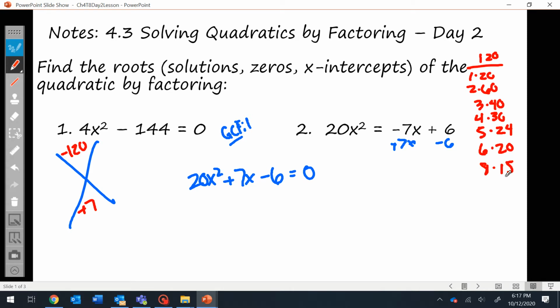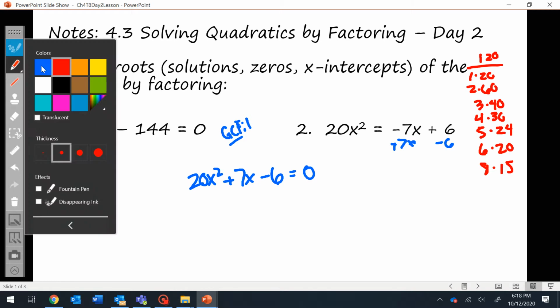Yeah, 8 times 10 is 80, and 8 times 5 is 40, so 80 plus 40 is 120. Okay, so 8 times 15. It looks like the ones I'm looking for are some combination of 8 and 15 because it needs to add to 7. So there's going to be positive 15 and negative 8. Those multiply to negative 120 and they add to positive 7.